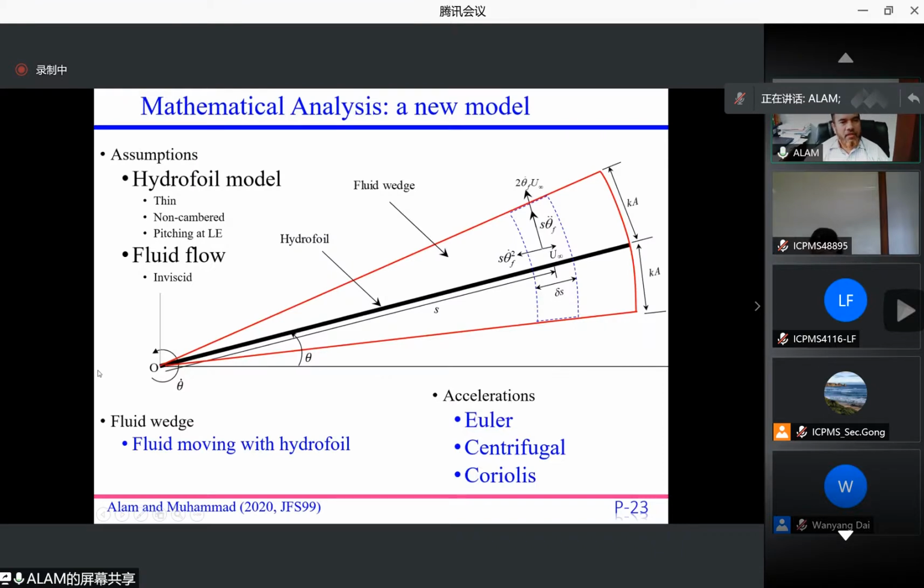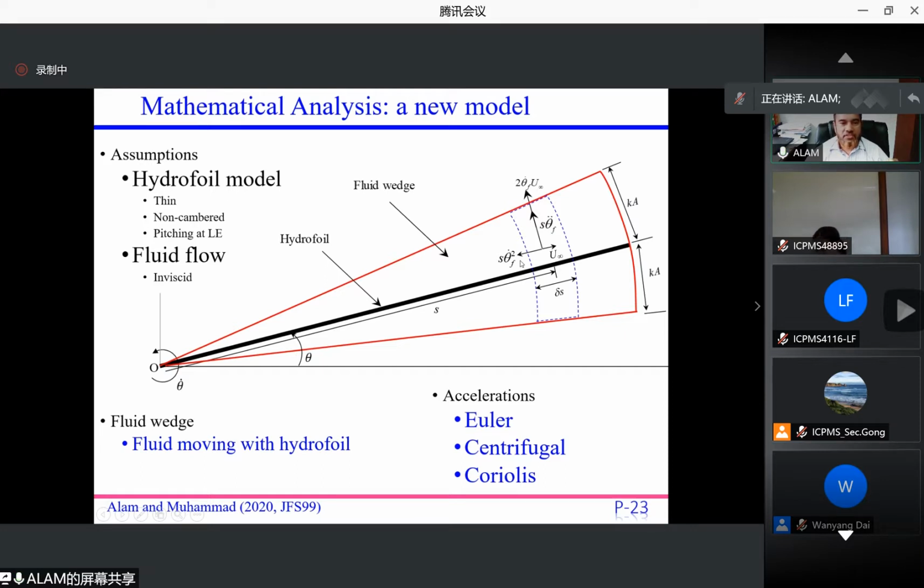Then we did some mathematical formulation to understand the physics behind it. We consider a wedge-shaped body: this is the foil, a thin foil, and these are the fluids around it, wedge-shaped fluid. Due to the rotation, this fluid moves along the foil and also in the transverse direction.